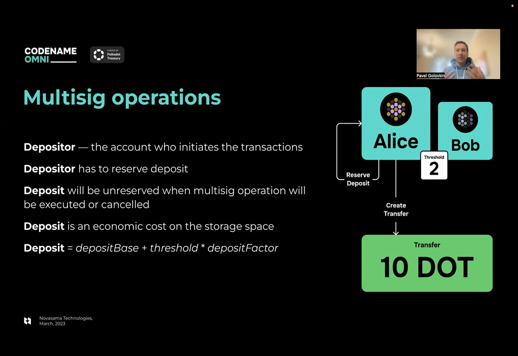If the threshold is 10, it means that 10 signatories should sign the operation, and it will take more time, and that's why the deposit will be bigger. And on this picture, you see that Alice creates a transfer in the name of a multi-sig account, and Alice has to reserve a deposit on her personal account, on the signatory's account.